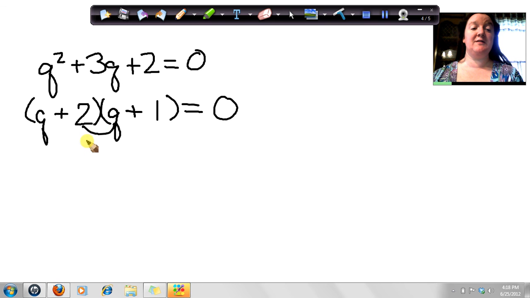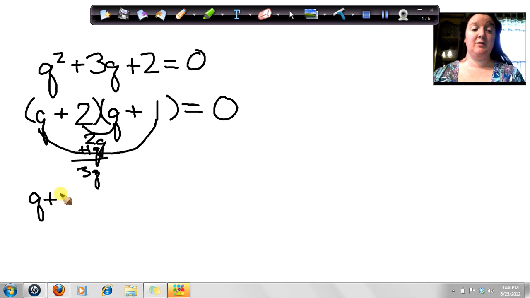Because if I look at my inside terms, I'm going to get 2q. If I look at my outside terms, I'm going to get 1q. And if I add those together, that gives me 3q, which is what I was looking for there. Now I need to solve each of these sets of parentheses to figure out what the value of q actually is. So we're going to take q plus 2 equal to 0, and we're going to take q plus 1 equal to 0.